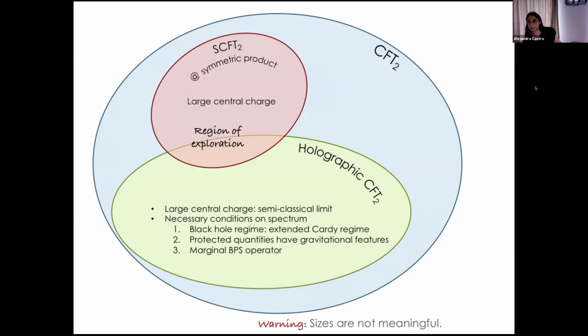The single trace marginal operators will introduce anomalous dimensions to the operators, which tells you that these currents could potentially get lifted. But there are also multi-trace marginal operators that could introduce other types of couplings.